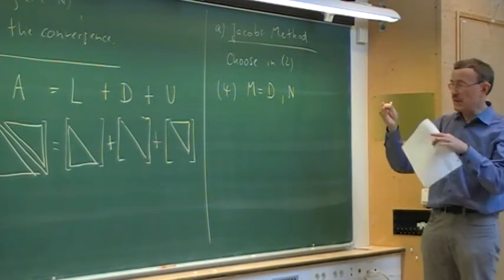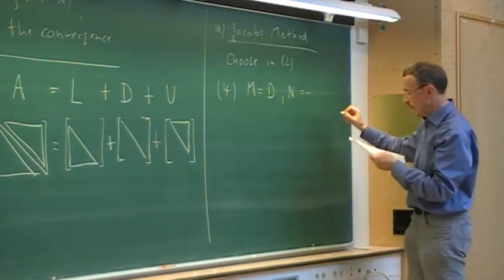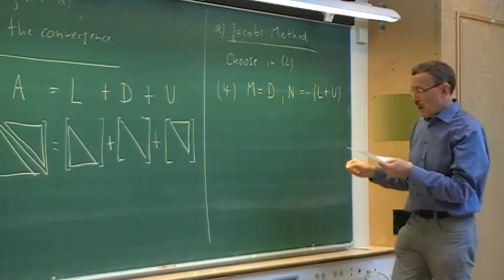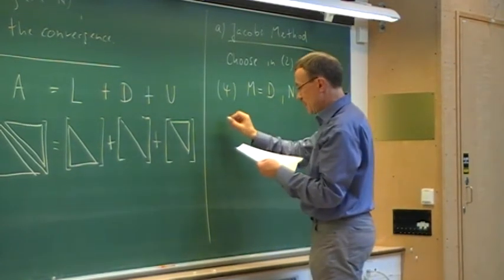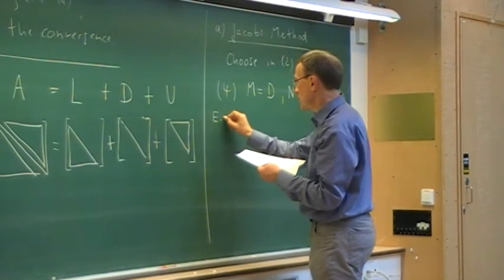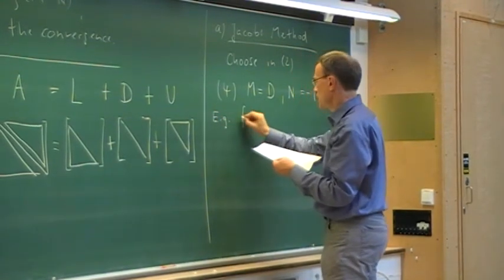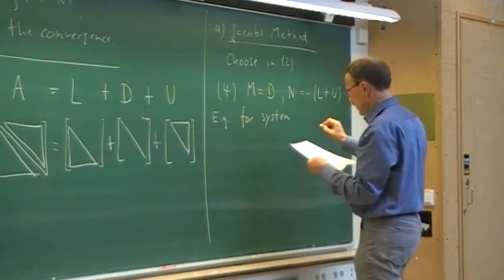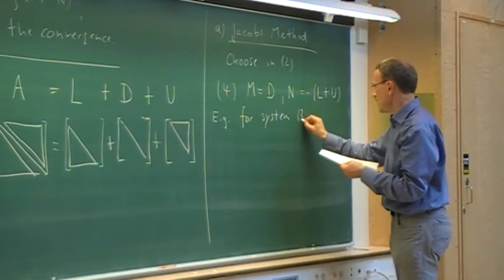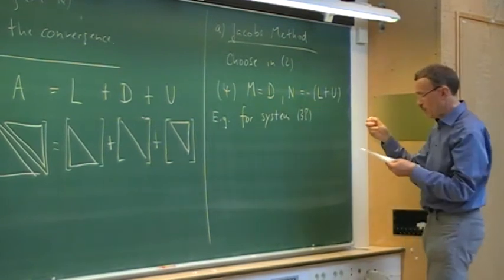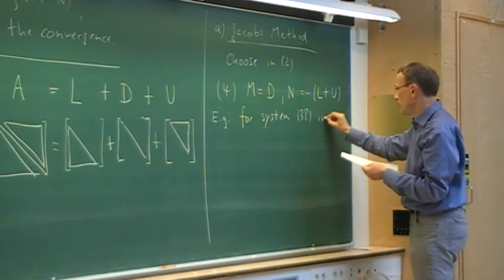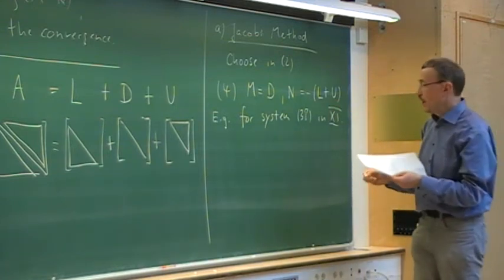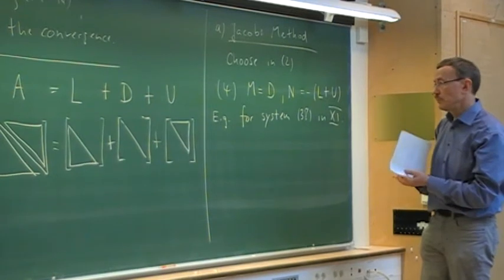And as M minus N, that has to give A, so N is minus L plus U. And for our system that we discussed, with the letter notation P, E, W, and so on, in the previous chapter, we had the following.